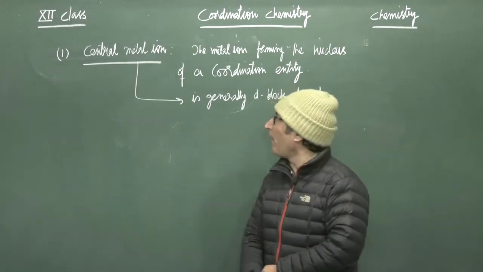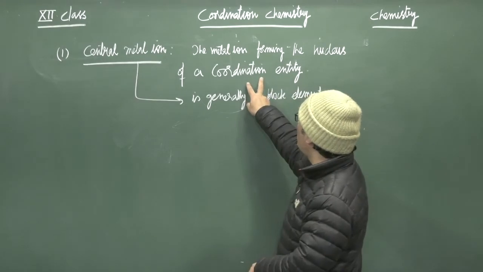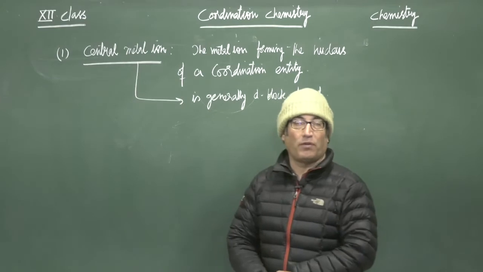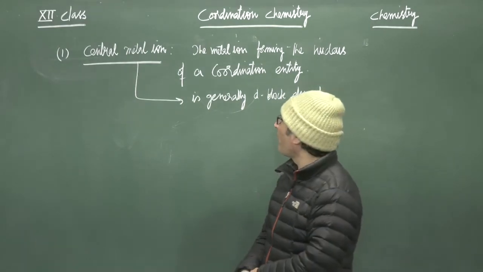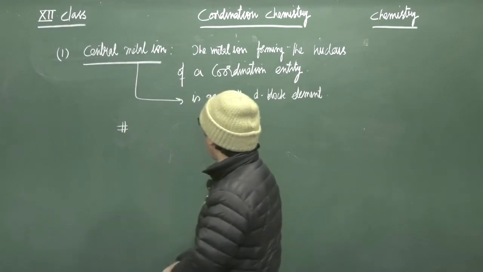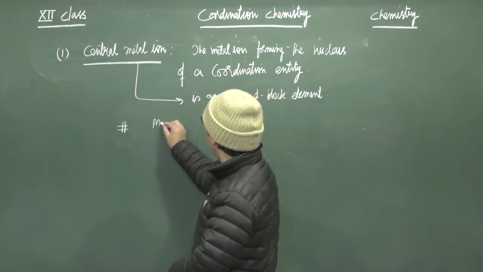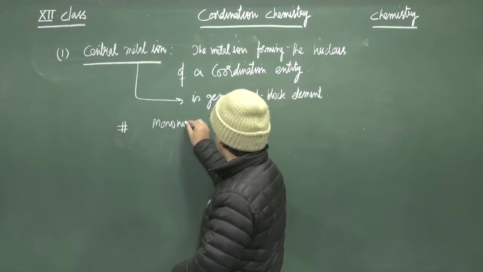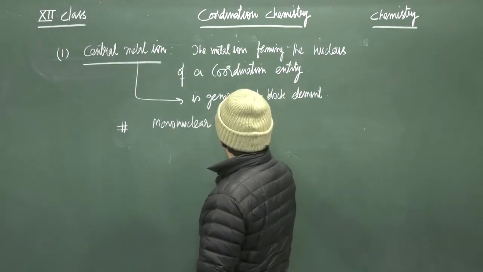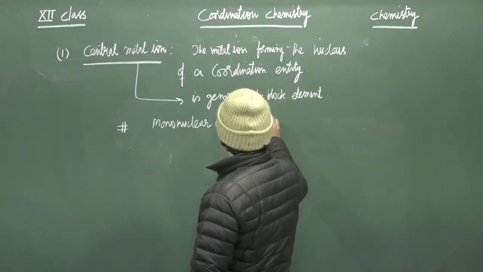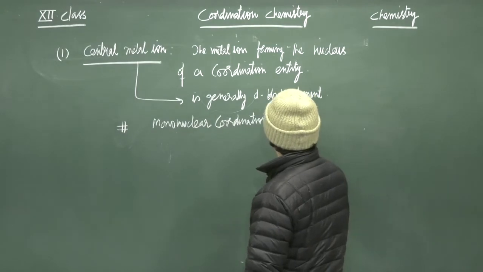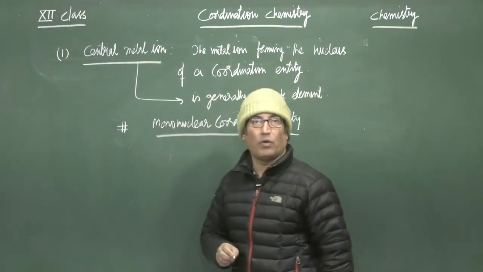Now, these coordination entities are classified on the basis of the number of central metal ions. One is the mononuclear coordination entity. What is it?